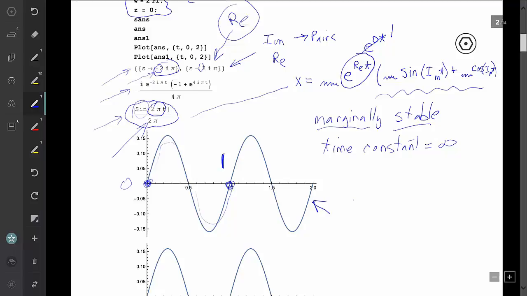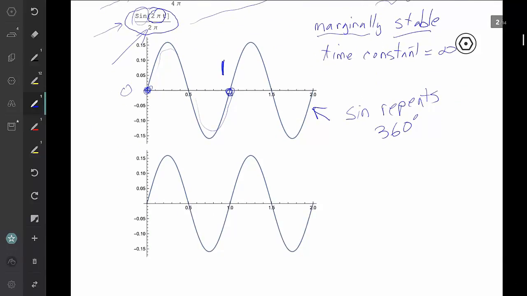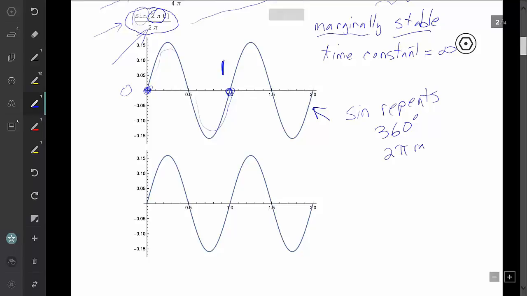The sine and the cosine repeat at 360 degrees. Every 360 degrees it repeats. 360 degrees is 2 pi radians. So the sine and cosine will repeat every 2 pi radians. And so what I have here is a sine, and the number is 2 pi times time. That's the solution.